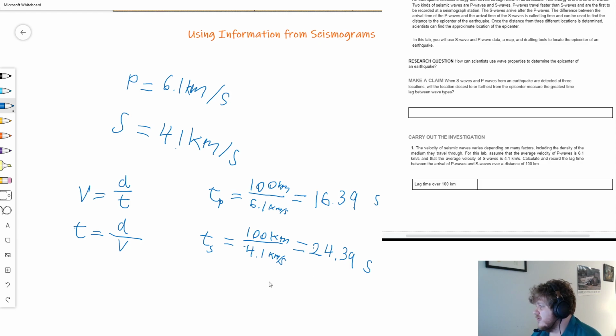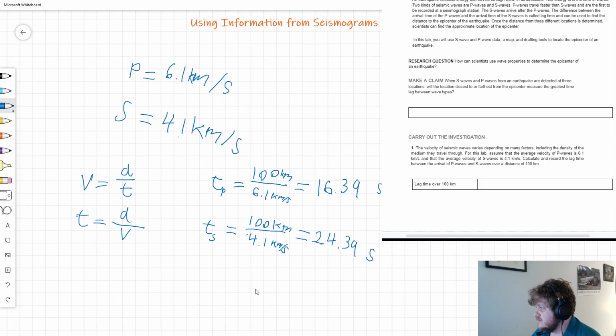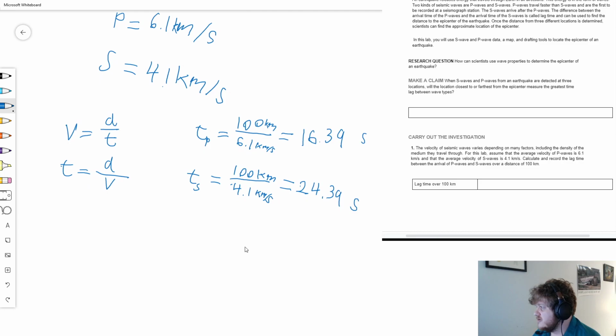Now we'll do some subtraction. We subtract the two, so our lag time is the subtraction of each: bigger minus smaller. So 24 minus 16 is 8 seconds.